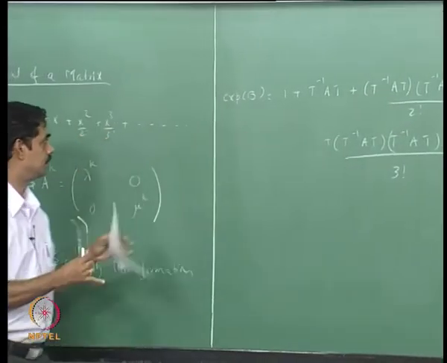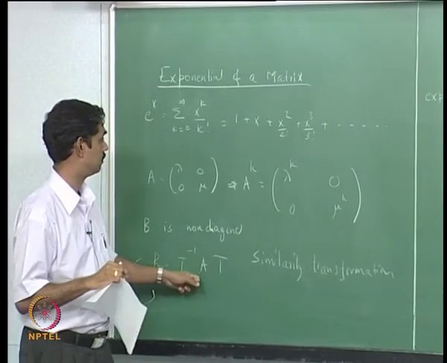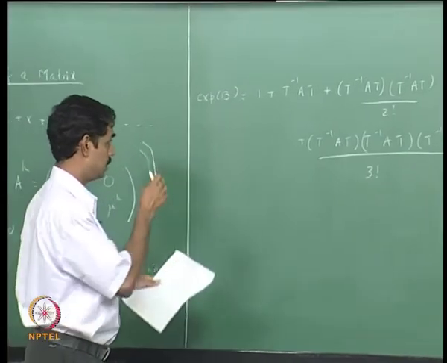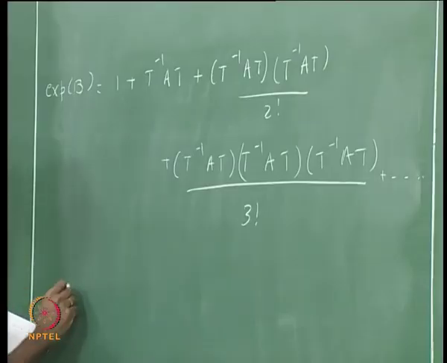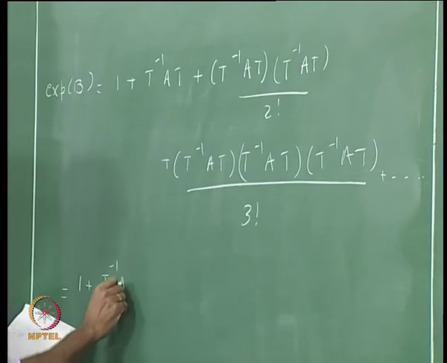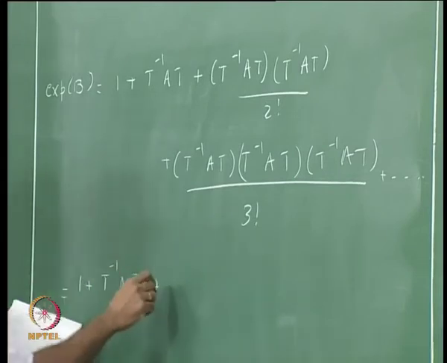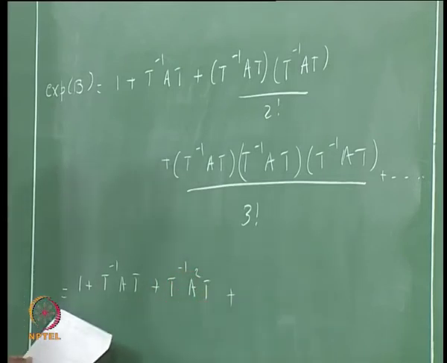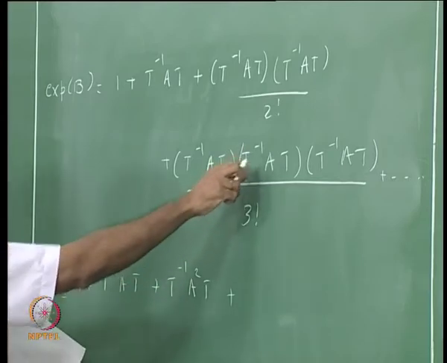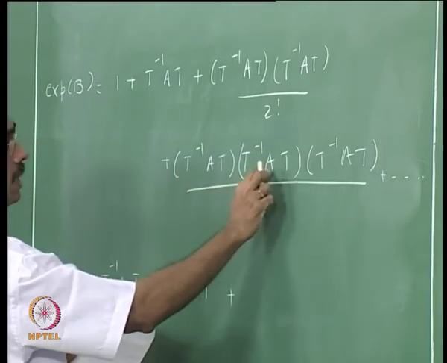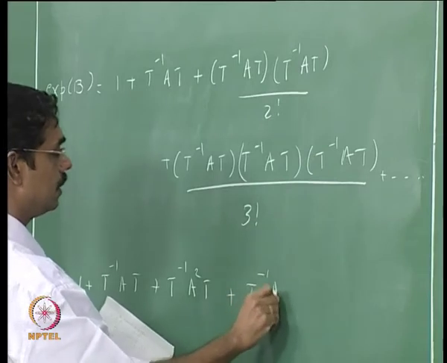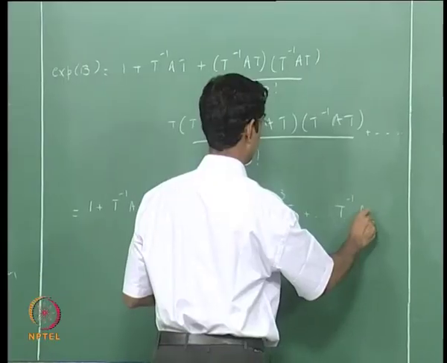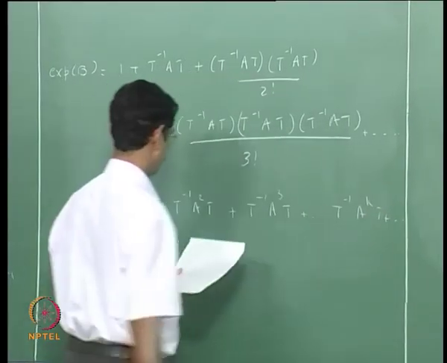So you substitute this for this, and then you can expand it out this way, and now it is quite simple. This will become 1 plus T inverse AT plus, again, T inverse A squared T plus, since T and T inverse will go, it will become A times A. So it will again be T inverse A cubed T plus T inverse A power k T plus and so on.